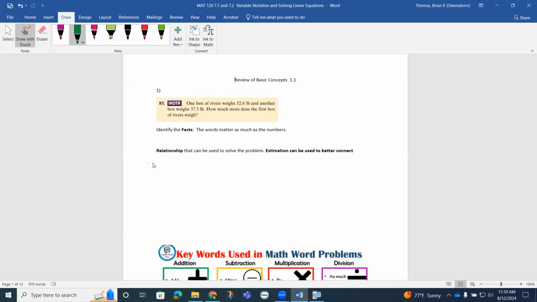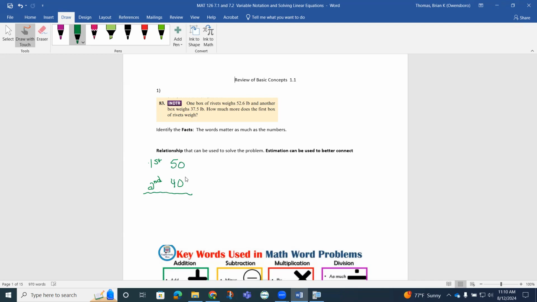What I want to do is make a little note that the first is right around 50 pounds, if I'm using estimation. The second box weighs close to 40 pounds.